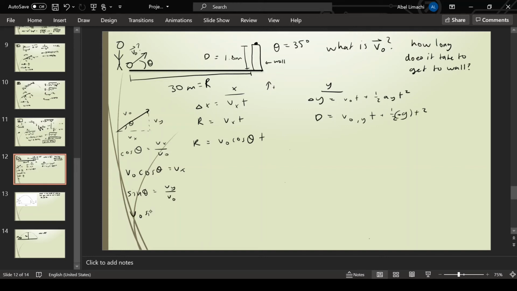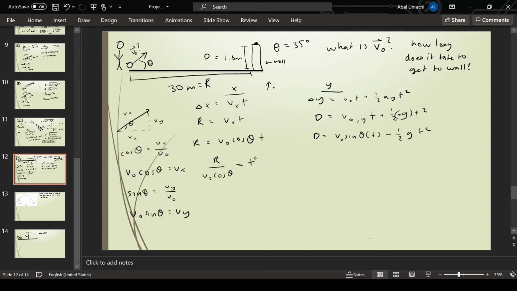V initial sine theta is equal to vy. So we can replace this with d equals v initial sine theta times t minus 1/2 g t squared. If we solve for t here, we get r over v initial cosine theta equals t.